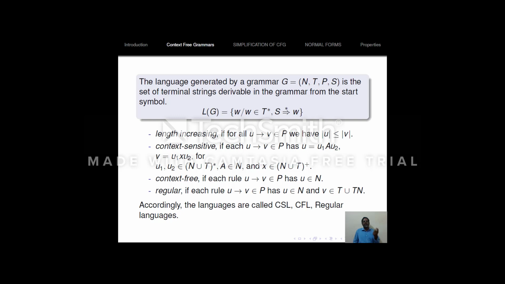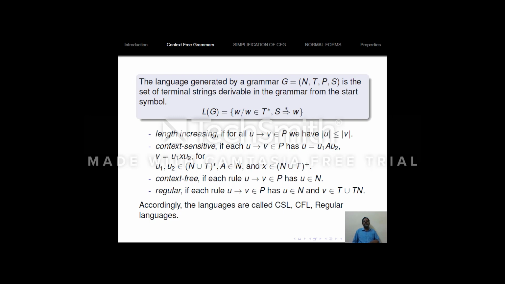The number of symbols present on the left hand side is the length of U, and the number of symbols on the right hand side is the length of V. For example, if alpha beta derives gamma, the left hand side is made up of two symbols, and on the right hand side we have only gamma, one symbol.